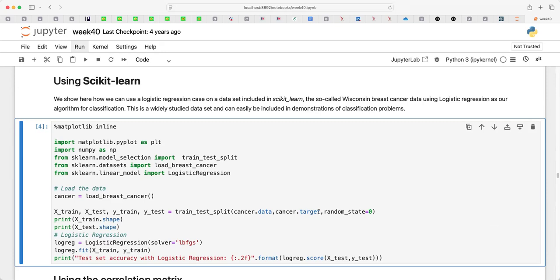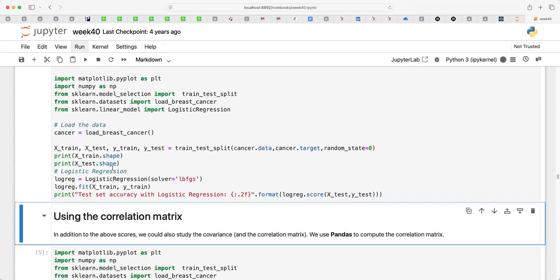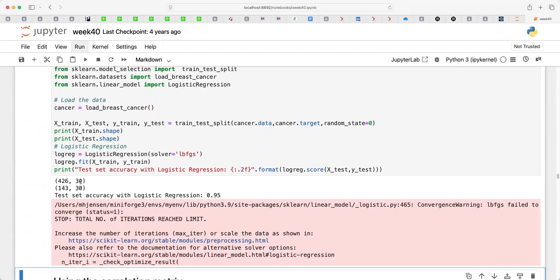Now in project number 2, we're actually going to force you to read in the data and set it up properly. In this particular case, there is no scaling which we are doing here. You will see that the data has 30 features, with 426 patients in the training data and 143 in the test data.